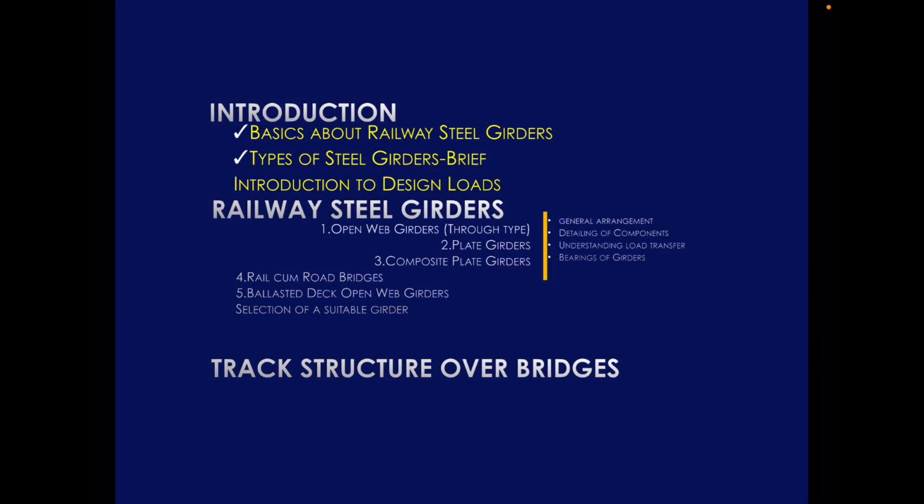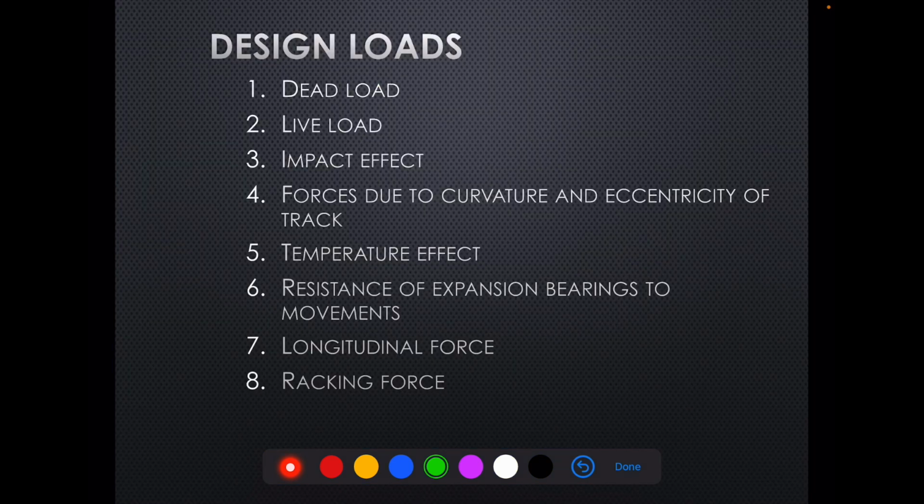Hi. So in this lecture, we will deal with the topic of introduction of design loads. So there are 13 types of design loads which need to be taken care of while designing a railway steel girder.